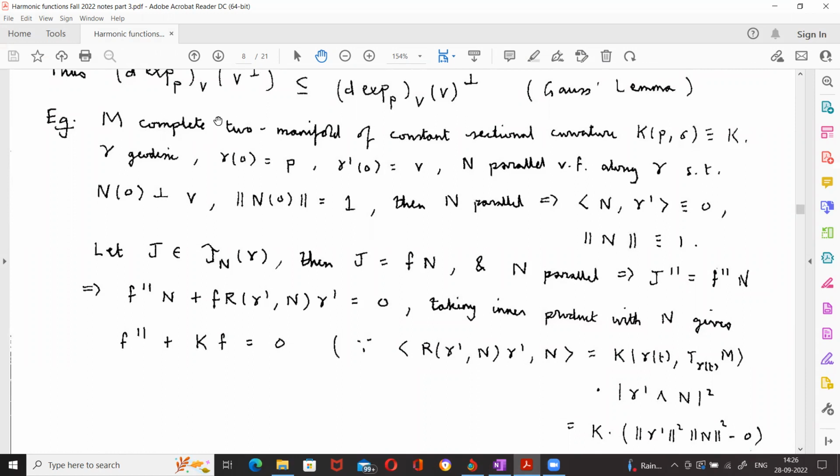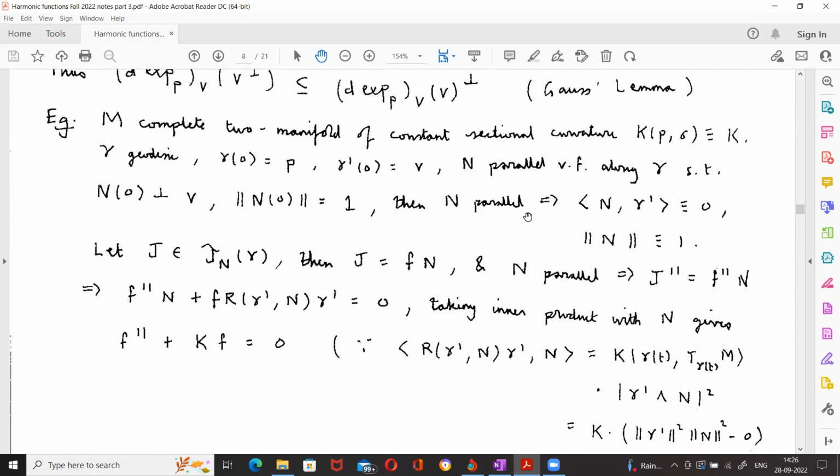Then if we take a geodesic gamma with initial conditions P and V, and we let N be a parallel unit normal vector field along gamma. So N0 is perpendicular to V and the norm of N0 is 1. I parallel transport this N0 along gamma to get a unit normal which is parallel along gamma.